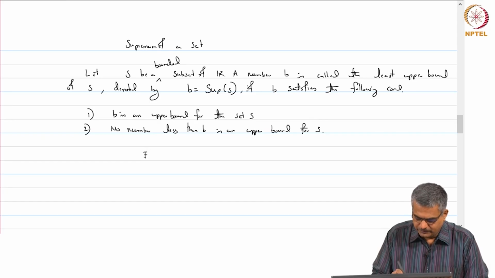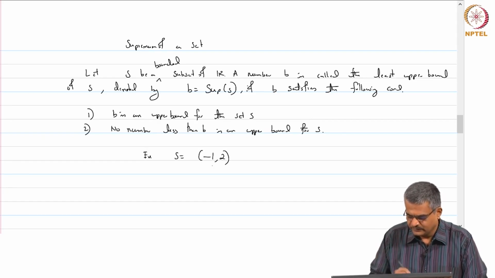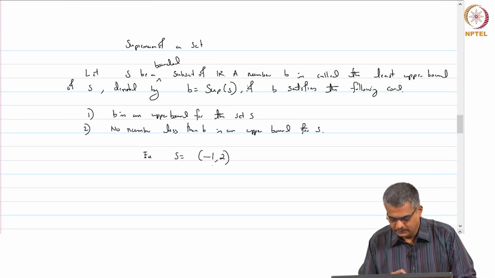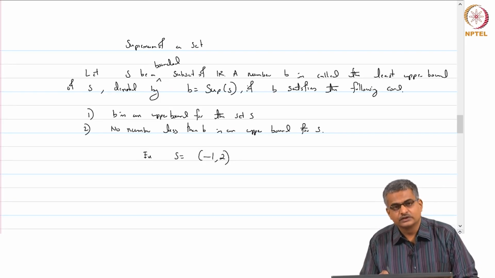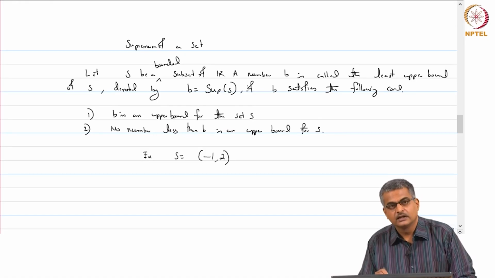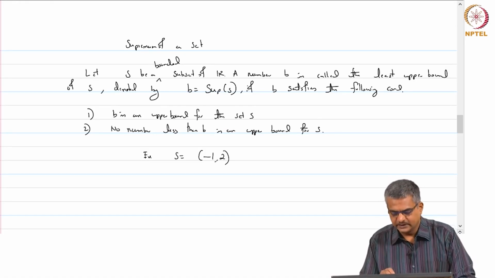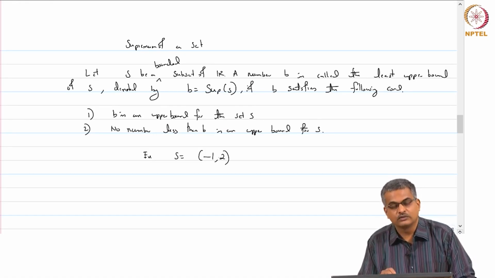So, to give an example, take S to be say -1, 2, it is a bounded set in the real line, right. So, the upper bound is 2 because there is no number lesser than 2 which forms an upper bound for the set S, right.